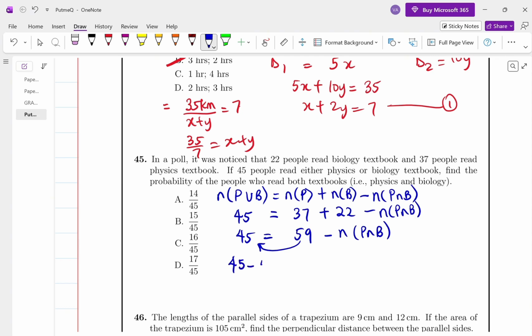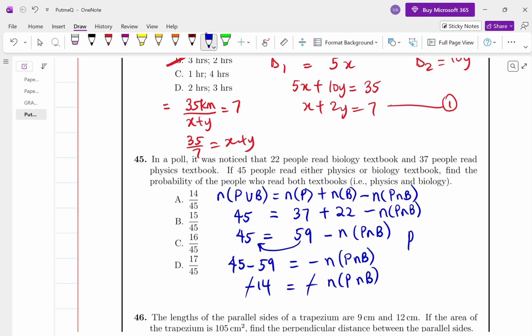That's 45 take away 59 equal to minus the number of those that read physics and biology. Now 45 take away 59 will give us minus 14 equal to minus the number of those that read physics and biology. So minus will cancel out minus. This means the number of those that read both is 14.